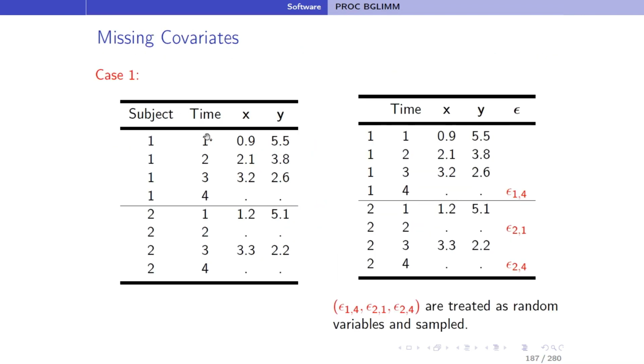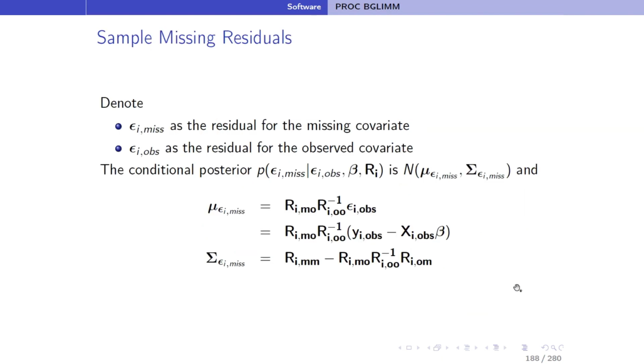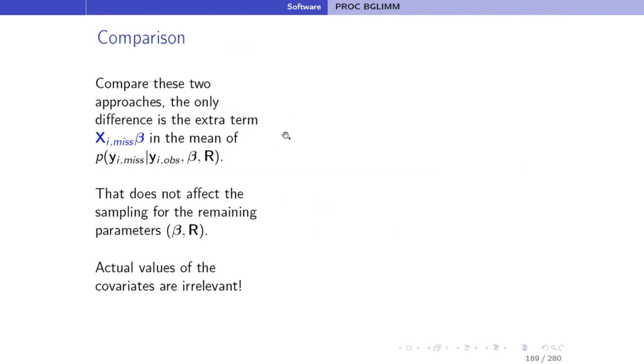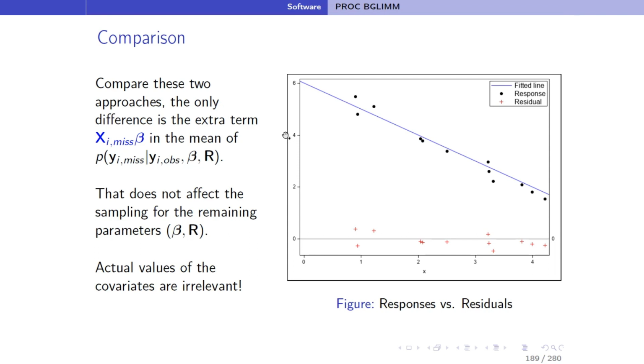And in here, with covariance missing, instead of modeling the missing value of Y, we treat the covariance and epsilon as additional missing values and sample them, and they are centered at 0 with the right covariance matrix as a residual of the missing covariance. Okay, and then everything carries through.